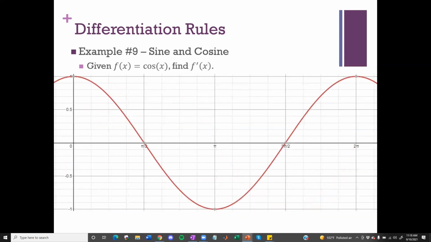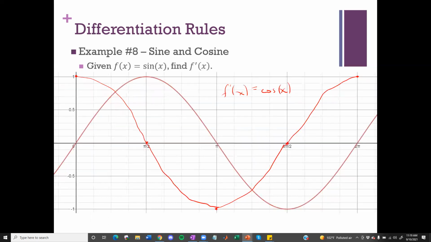All right, now let's start with cosine. Oh, we should not have graphed that original one in red. So this is f of x.